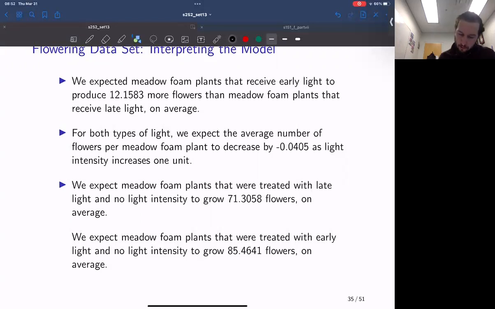For example, this first interpretation here is for beta 2.